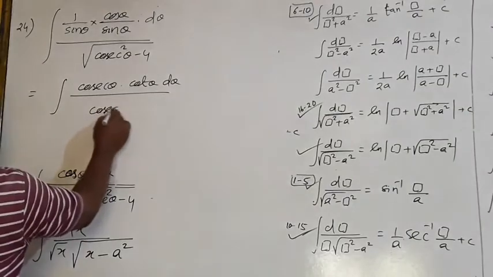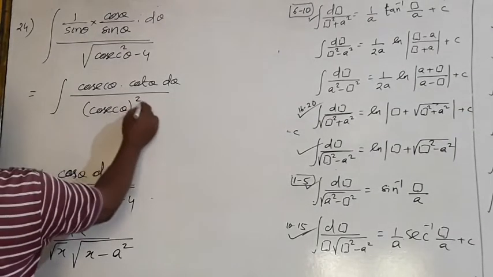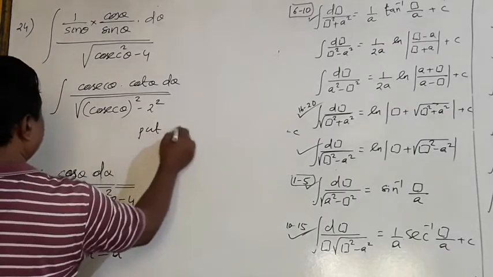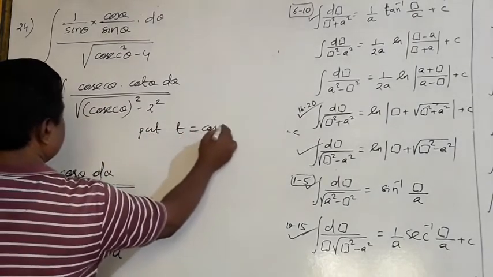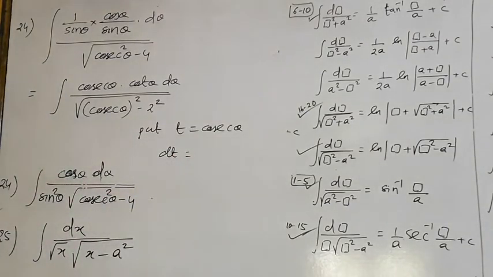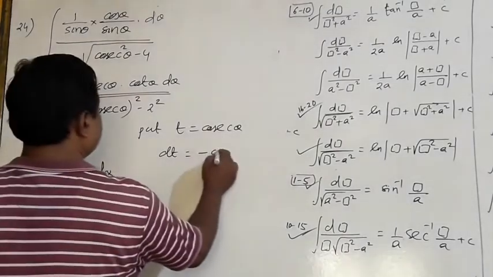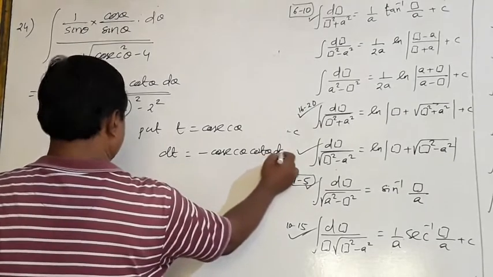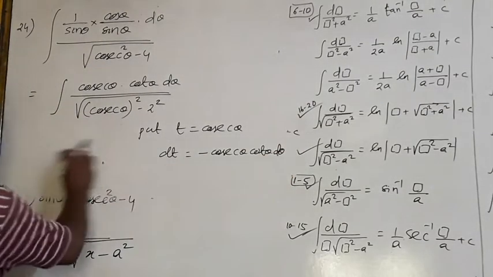It is cosec theta whole square minus 2 square. So put t is equal to cosec theta. dt is equal to what? Derivative of cosec theta is what? Minus cosec theta into cot theta. Minus cosec theta cot theta d theta. And its answer is what?